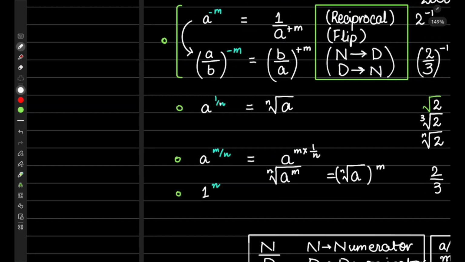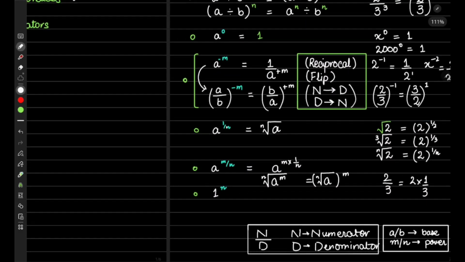So you can write it in both ways: nth root of a to the power m, or nth root of a whole power m. I will show you an example. For example, if we have 2 to the power 3 over 2, you can write it as 2 to the power 3 multiplied by 1 over 2. Now you can either write it as the square root of 2 cubed, or square root of 2 whole power 3.